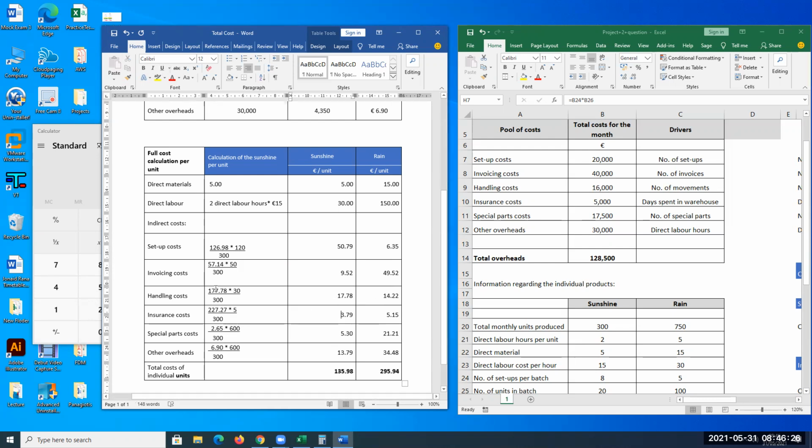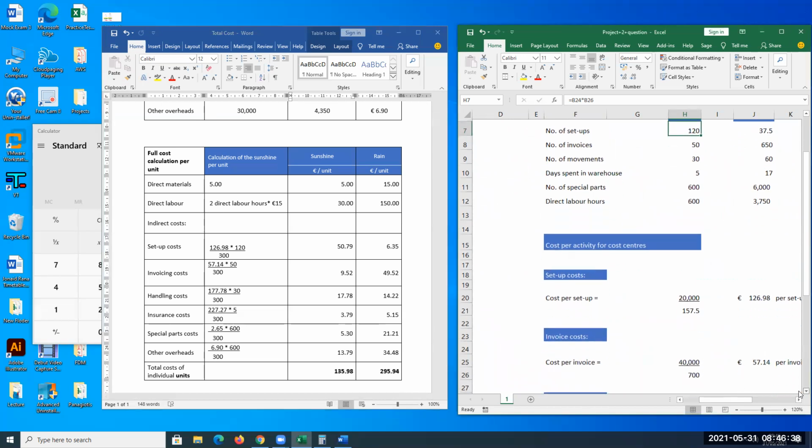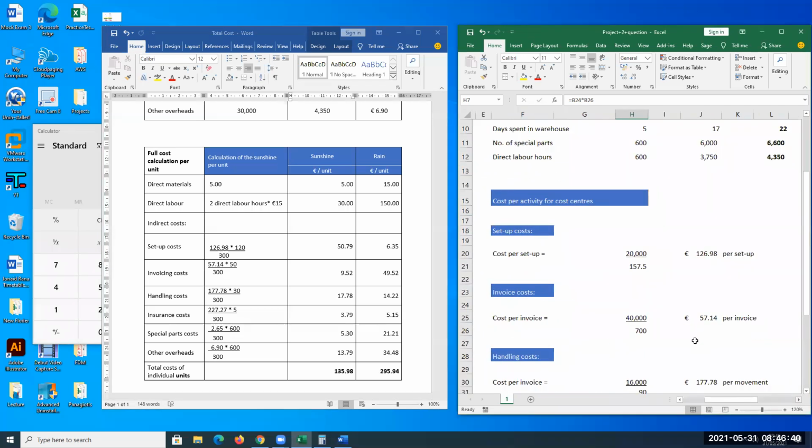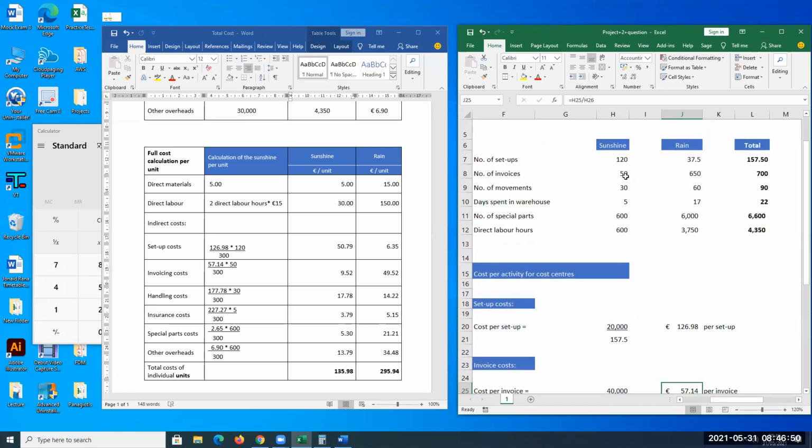So for invoicing cost, you can check. For invoicing cost, I calculated 57.14 as the cost for one invoice. Multiply by how many invoices we need to issue for sunshine? 50. So 57.14 multiplied by 50 gives the total invoicing cost, divided by the number of units produced, 300.